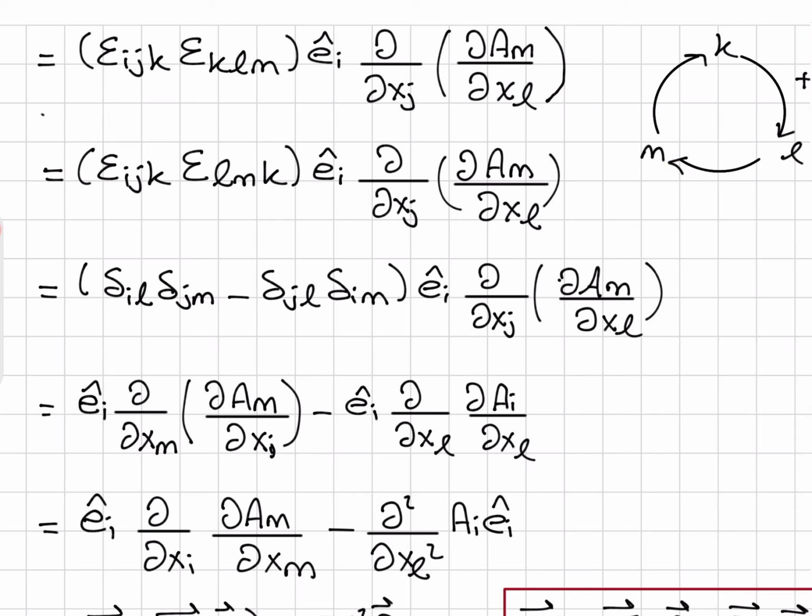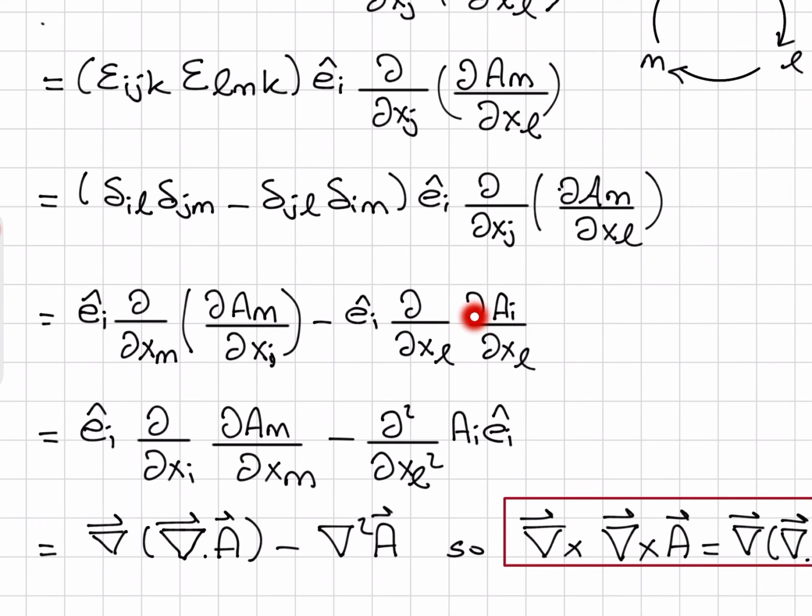And Kronecker delta first i l, Kronecker delta second j m, minus Kronecker delta inner j l, outer i m, multiplied by this. Now l will be set equal to i, so this will be e_i hat del x_i, and j will be set equal to m, so this will be del x_m del a_m. And as for the second term, j will be equal to l, so this j will become l here, and i will be equal to m, so m has been replaced by i.